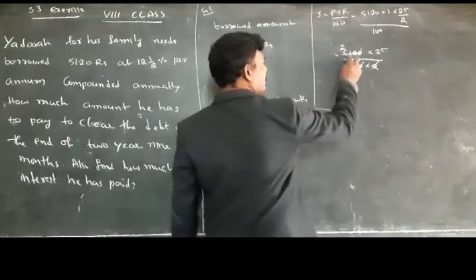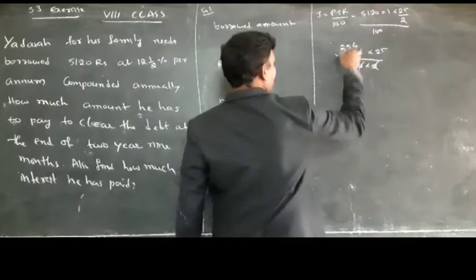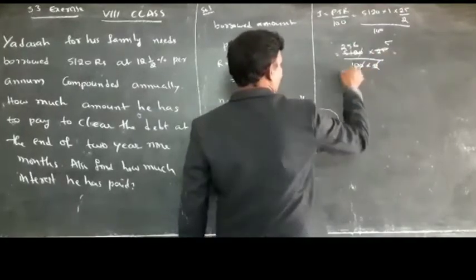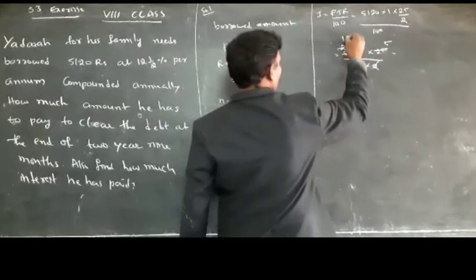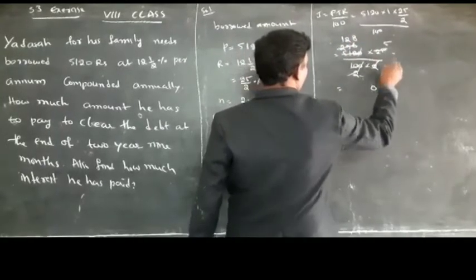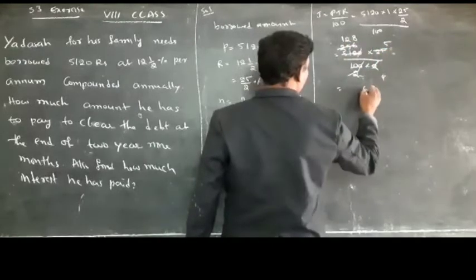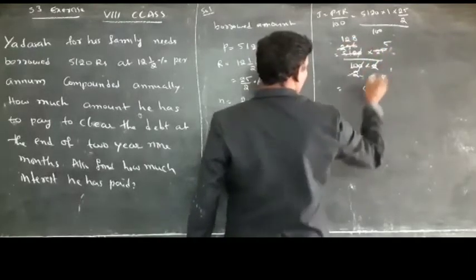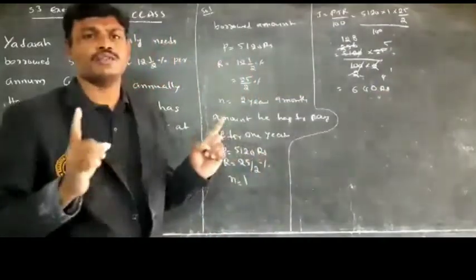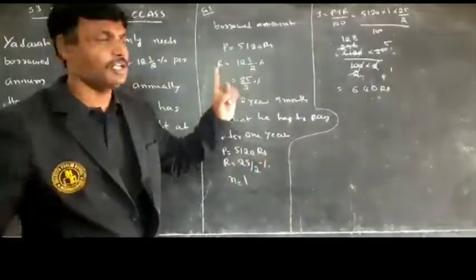Calculating, we get 640 rupees. So, for 1 year, he has to pay 640 rupees interest.